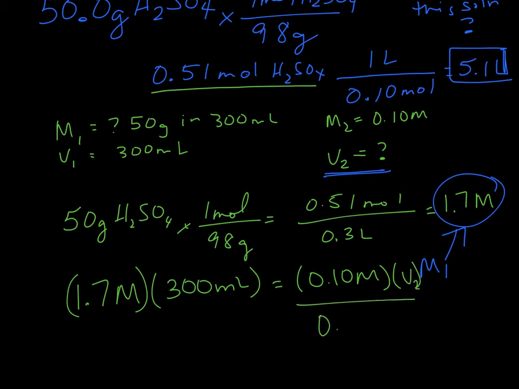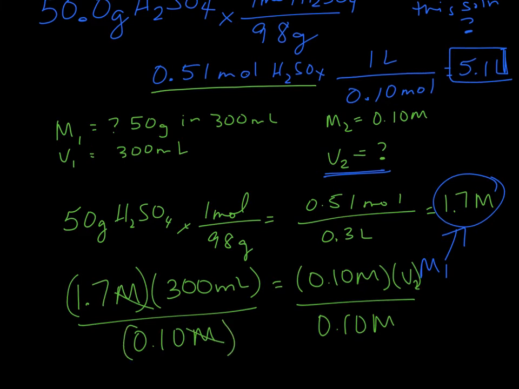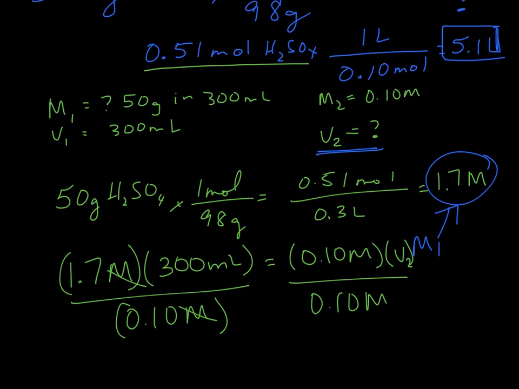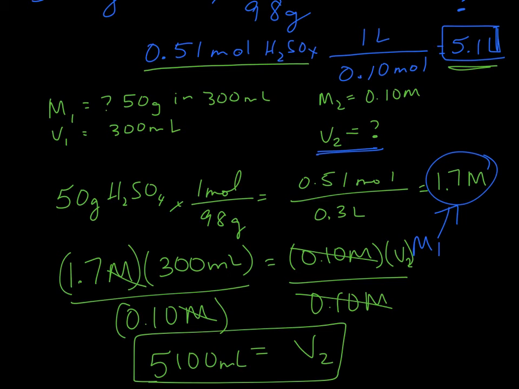So I'm going to divide both sides by 0.1. And I end up with 5,100 milliliters. So V2 is equal to 5,100 milliliters. Now up here I got 5.1 liters, and down here I got 5,100 milliliters. So they're both exactly the same thing, and it didn't say which unit we needed to find it in.